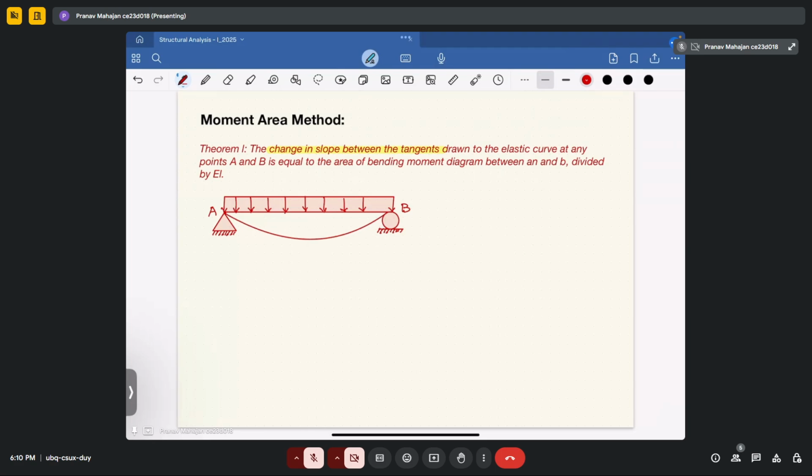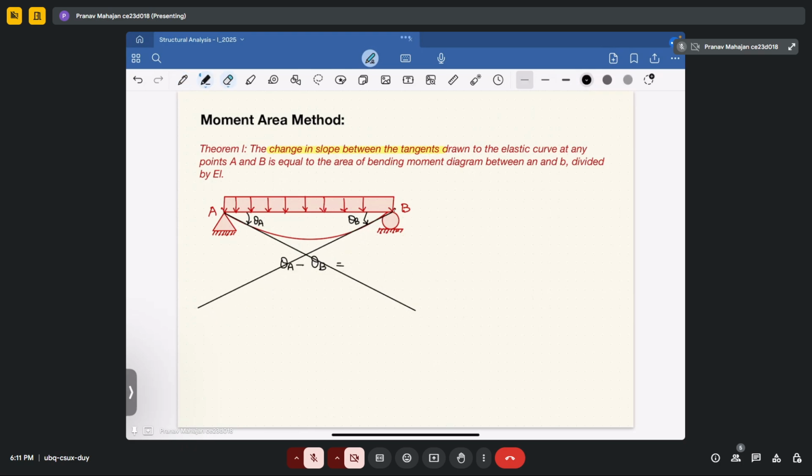Suppose this beam undergoes deflection like this, and the slope angle here is theta A, and here it is theta B. So your change in slope, that means theta A minus theta B, between the two tangents. Suppose this is your first tangent and this is your second tangent.